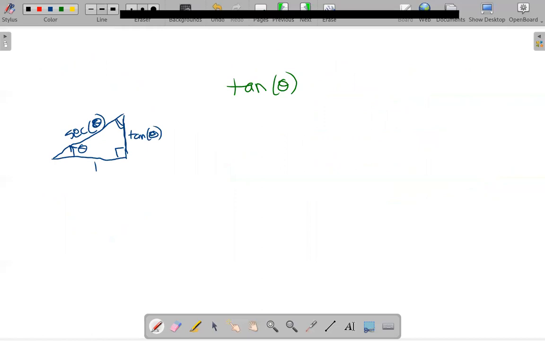I can plug in theta and get an answer. And I square it and I add it to the other leg, 1 squared, that has to equal the hypotenuse squared. That's what the Pythagorean theorem says in general. So this is another trigonometric Pythagorean identity.